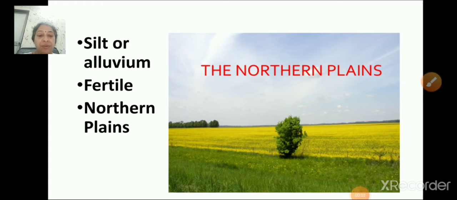Children, you had learned about tributaries in the previous lesson, isn't it? So the main rivers have several tributaries or smaller rivers joining them.